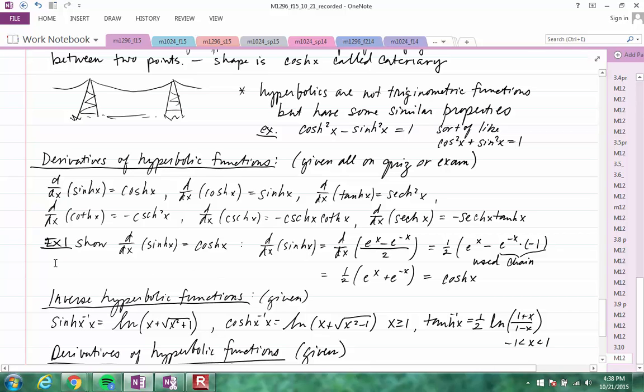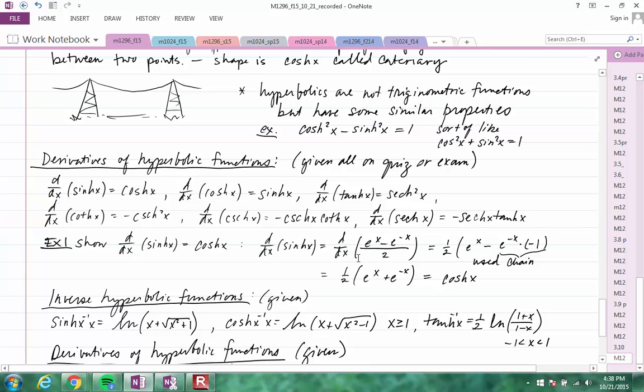One thing you'll have to do is show a derivative rule, like we did with the trig functions. Strategy is going to be a little bit different here. For this one we have the derivative of sinh is cosh, so that's the derivative rule for sinh. What you'll want to do is just write the definition of sinh, and then you actually know how to find that derivative.